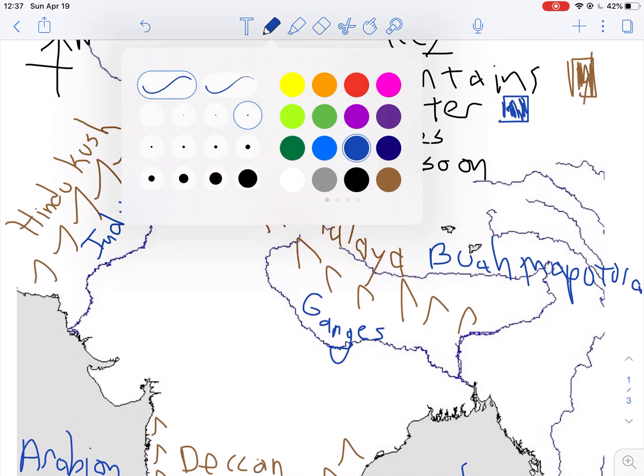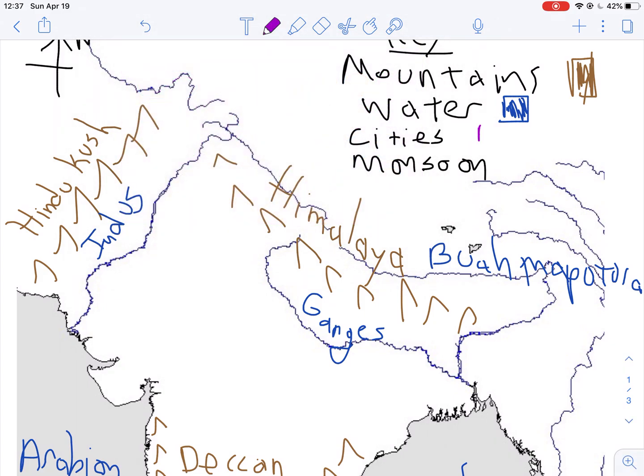So our next thing we're going to show is cities, and I think we'll do them in purple. And we just have two cities that we're going to point on to the map. So one is up here. This is Harappa.